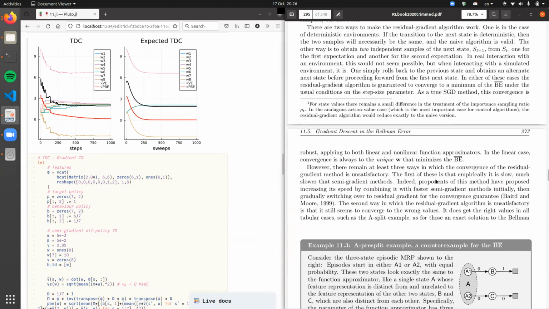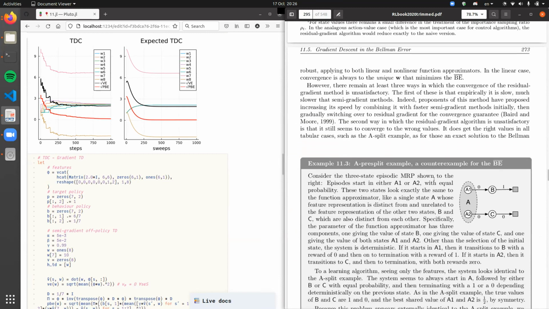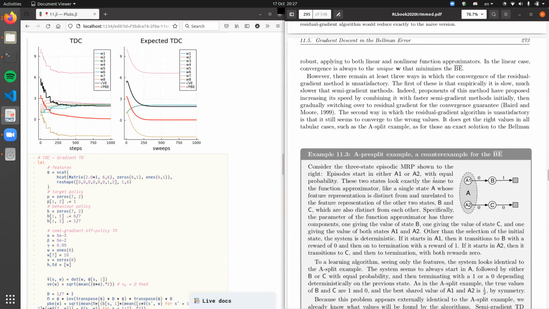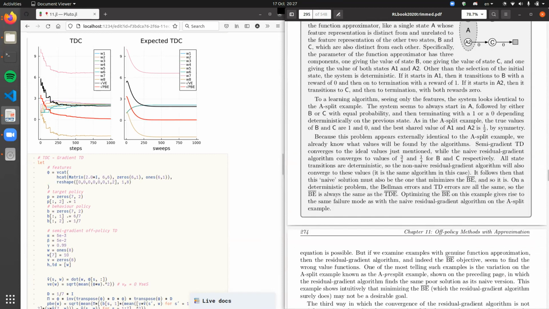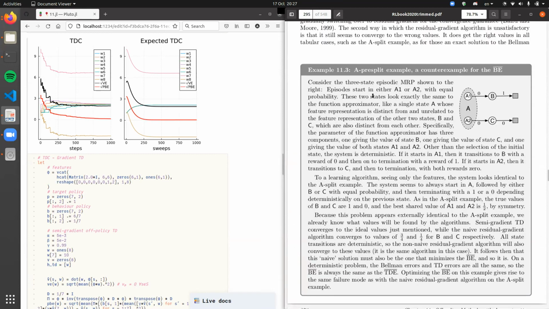But there is yet another, deeper problem related to that. Let's first consider this modified pre-split counterexample for the Bellman error. In this case, we have two states, A sub 1 and A sub 2.